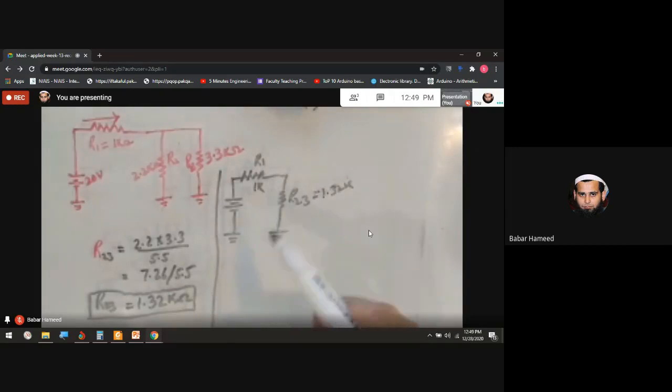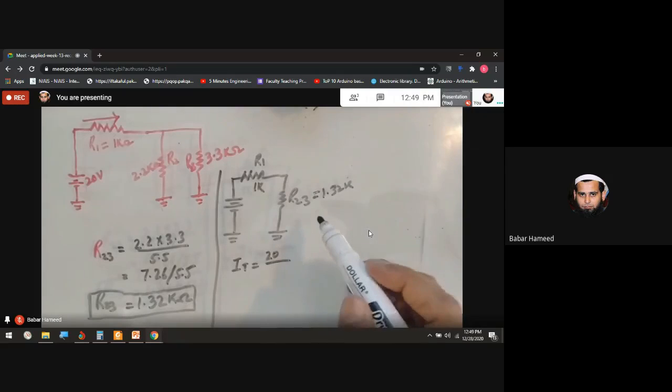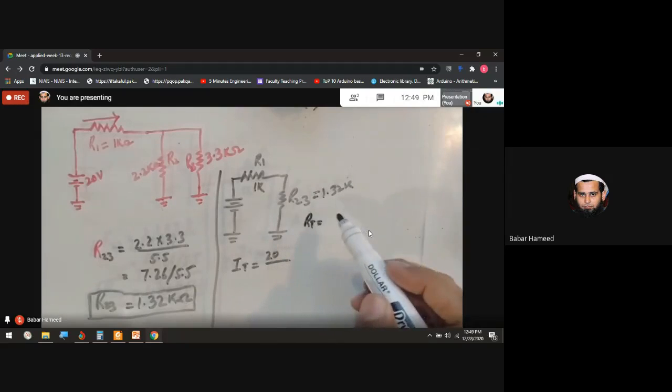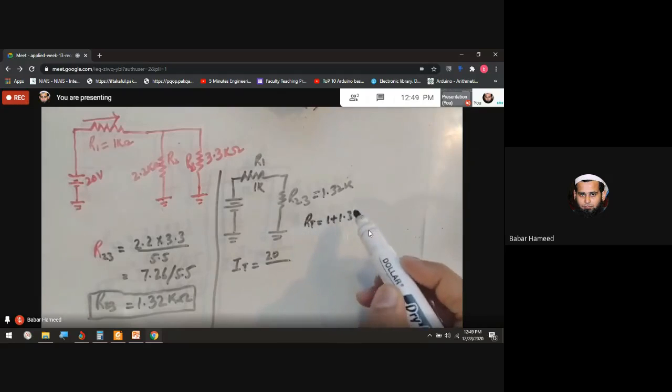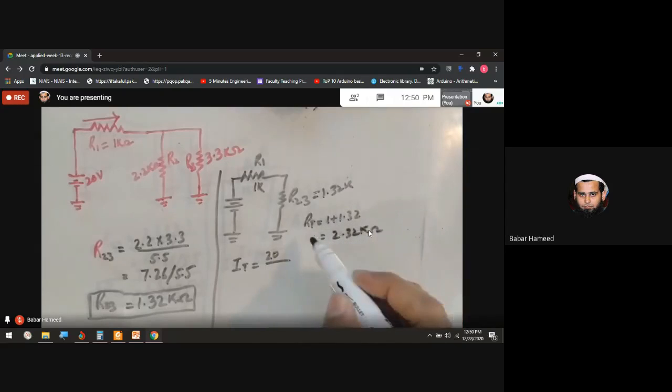So to make it easier, I can simply find out RT, 1 plus 1.32 equal to 2.32 kilo ohm RT.